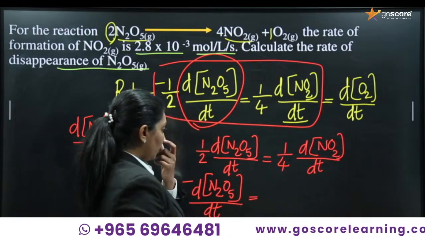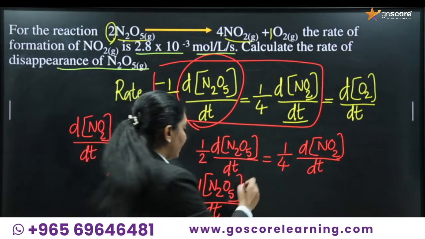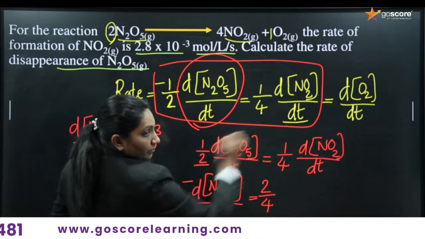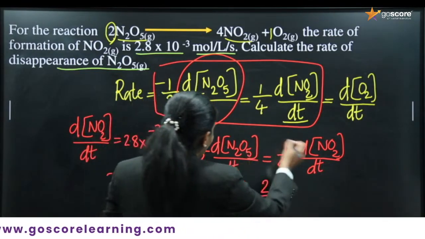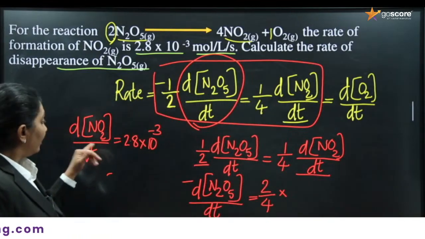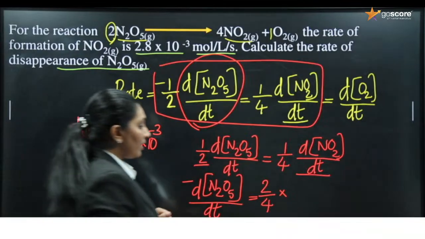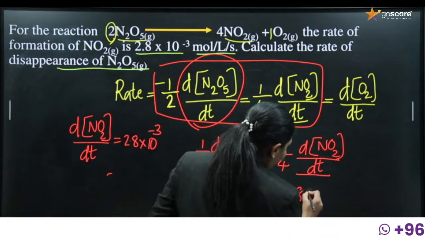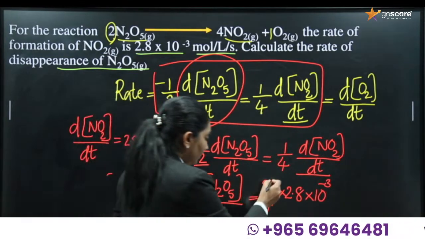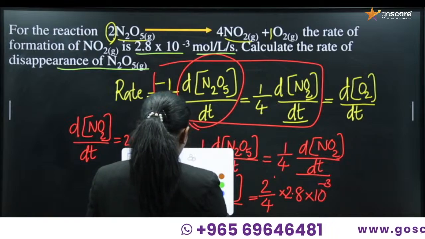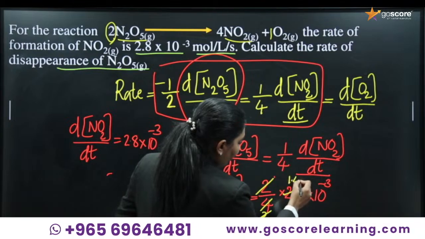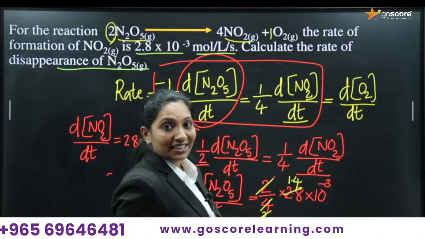Is equal to, this 2 will be cross multiplied there, so it will be 2 by 4, that is this 2. Cross multiplication, right? Then it will be 2 by 4 into, what is the value of this dNO2 by dt? That is 2.8 into 10 the power minus 3. So after doing the calculation, what will be your final answer?